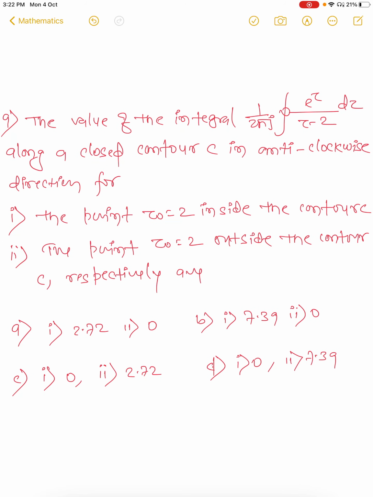The value of the integral 1 upon 2 pi j of e to the power z upon (z minus 2) dz along the closed contour C in the anticlockwise direction.